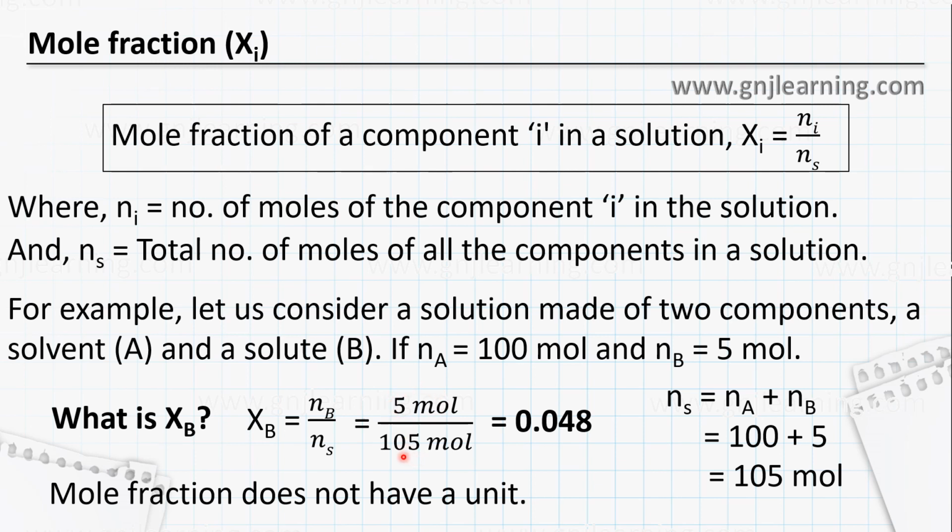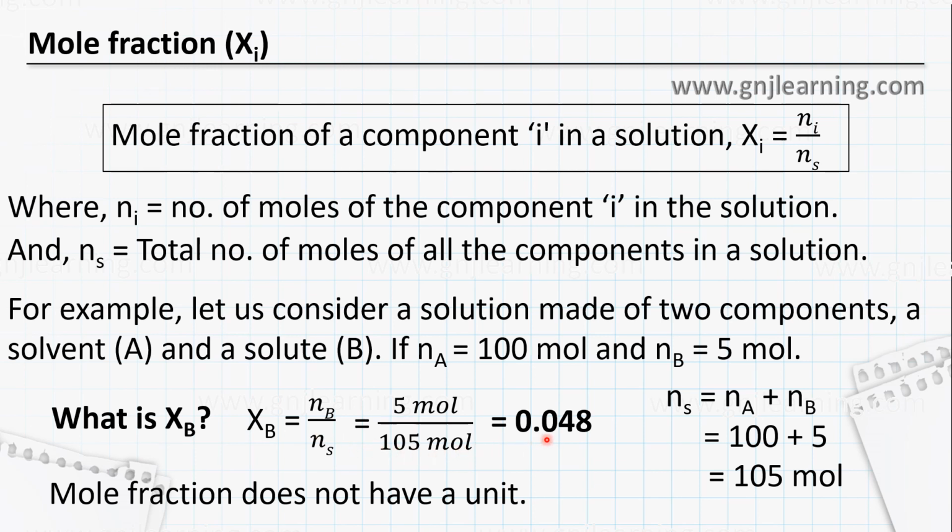Whenever you do such a calculation, what you are going to get is a fraction that is less than 1. Clear? That's why it has the name mole fraction. You are always dividing a small number in the numerator by a larger number, the total number of moles in the solution, in the denominator.